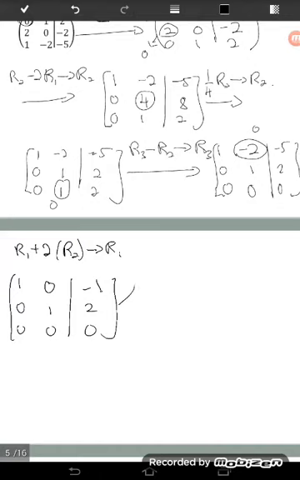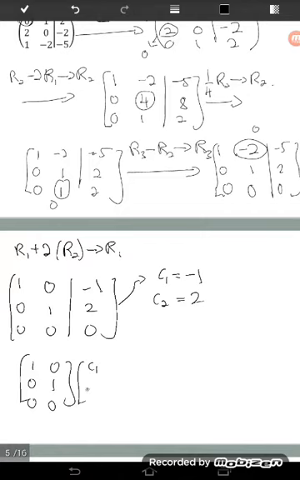Okay, so from this one, we have C1 which is equal to negative 1, C2 which is equal to 2. Okay. So macam mana nak tengok C1, C2 ni? Patah balik yang atas tadi, kita ada 1, 0, 0, 1, 0, 0. C1, C2 is equal to negative 1 to 0.